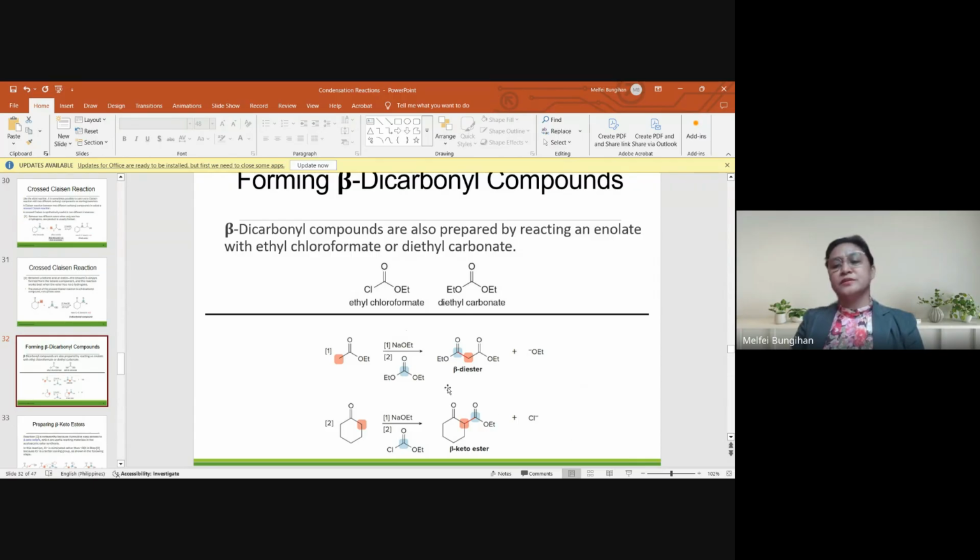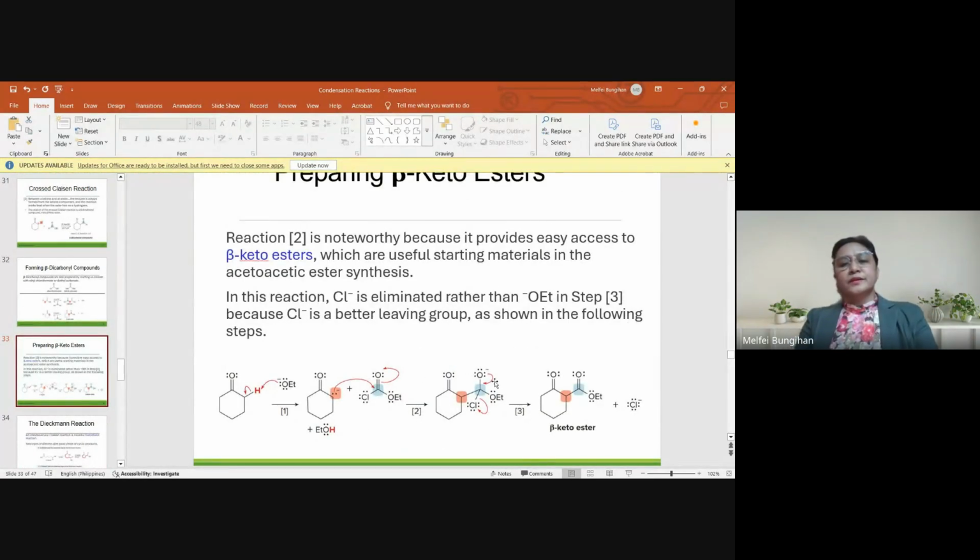Okay, and you see, you just have to look at the groups that are being removed. The leaving group here in your ethyl chloroformate is of course your chlorine, and the other one of course is your ethanol. See, these are small molecules. Okay, so ethanol or HCl is removed in these two compounds, right?